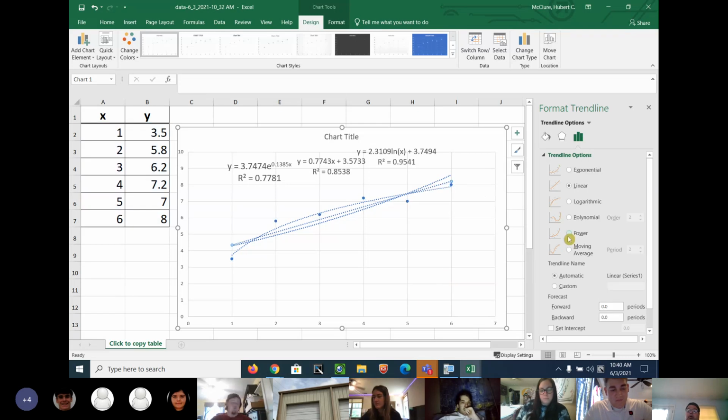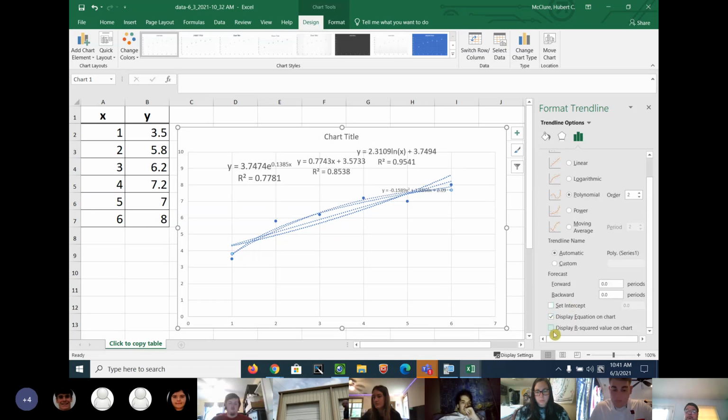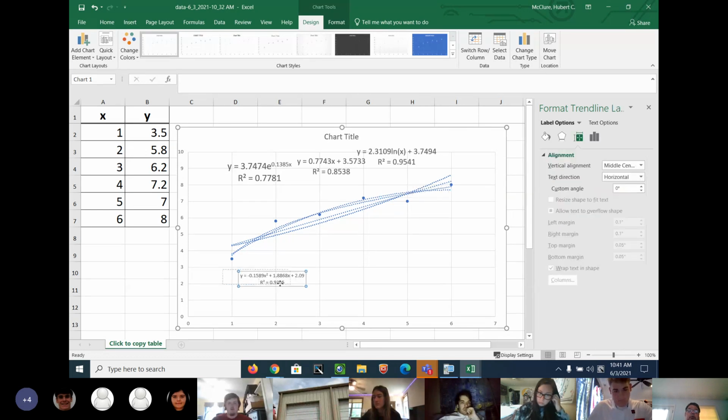And that would be polynomial. Oh, we hadn't checked power either. There's polynomial. So far, I'm not going to ask for that because it's less than 0.95, so the square root is going to be less than 0.98.